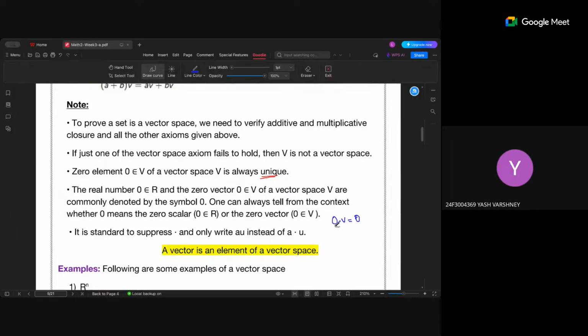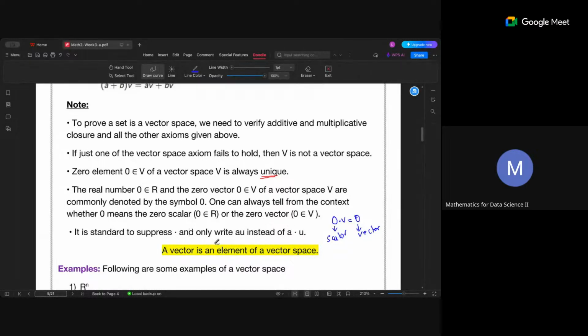The starting zero is a scalar, and the other one is a vector, the vector (0, 0). So you can tell from the context what 0 means, right? Good, very good. Usually this dot we don't write, we simply write AU or alpha U.